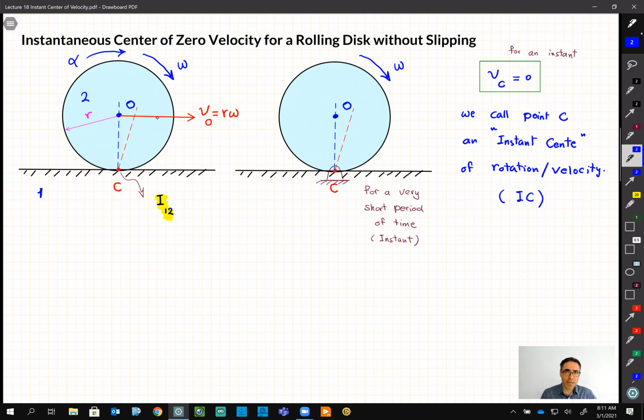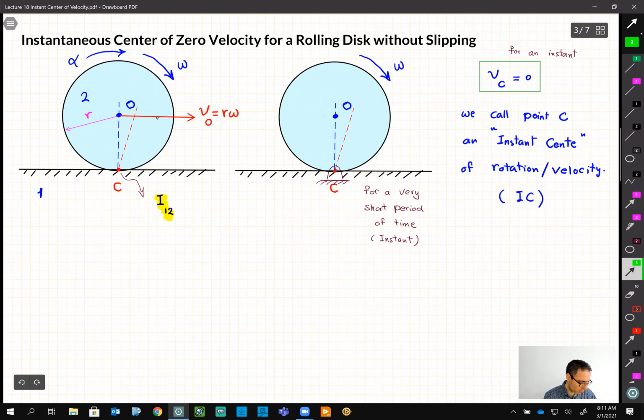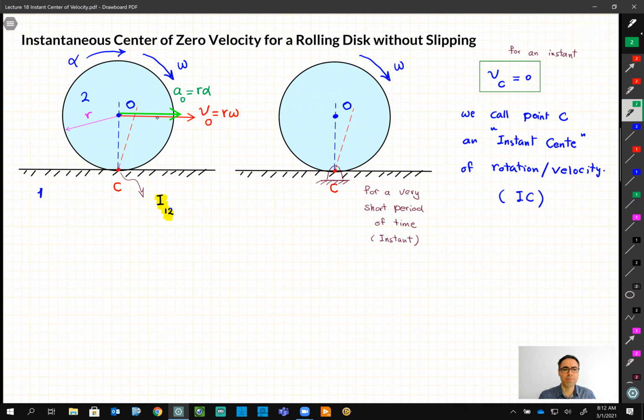From what we learned before, we should immediately be able to say what is the acceleration of point O. It should have an acceleration in this direction, and AO should be equal to R alpha. Now you tell me, do we have a normal acceleration for point O? I want you to tell me or type in the chat if point O has a normal acceleration.